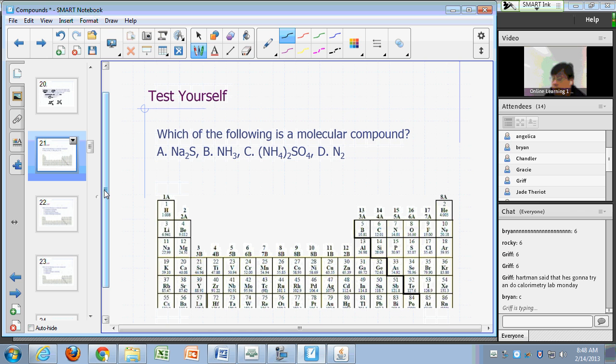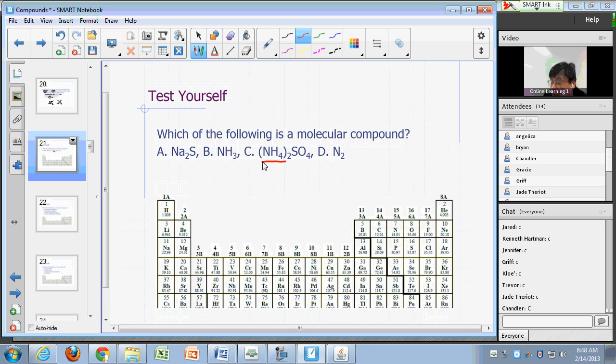Molecular compound. Okay. Why is C a popular answer? What do you notice?